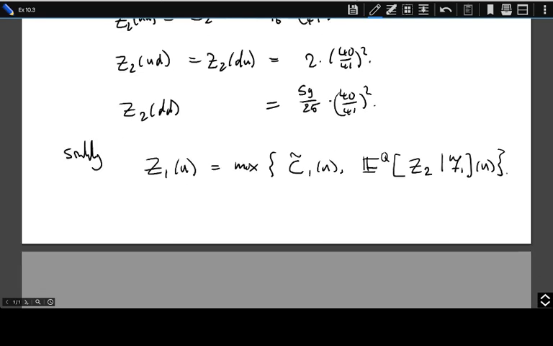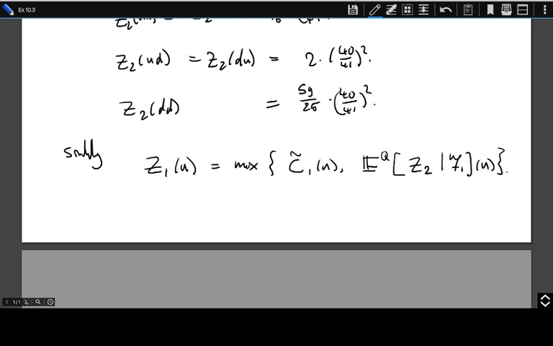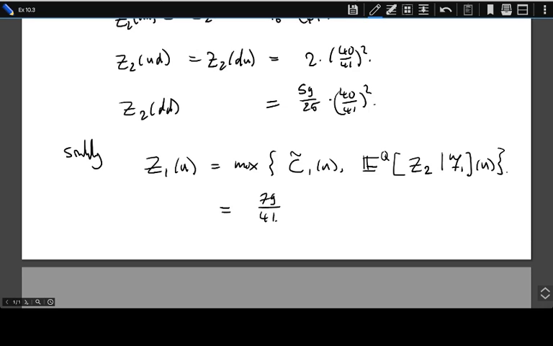So again, it's a random variable, it takes a different value, conditional on whether the risky asset increases or decreases in value. My calculation of this was 79 over 41.